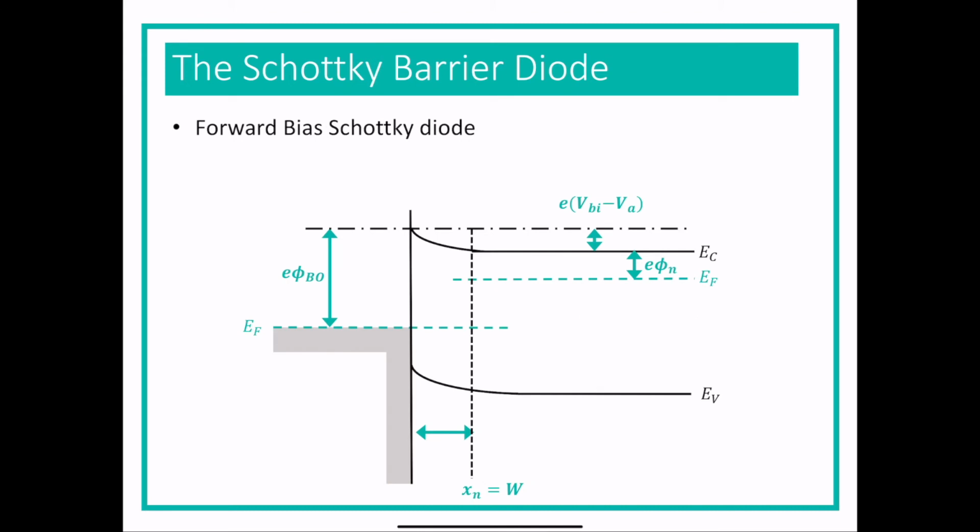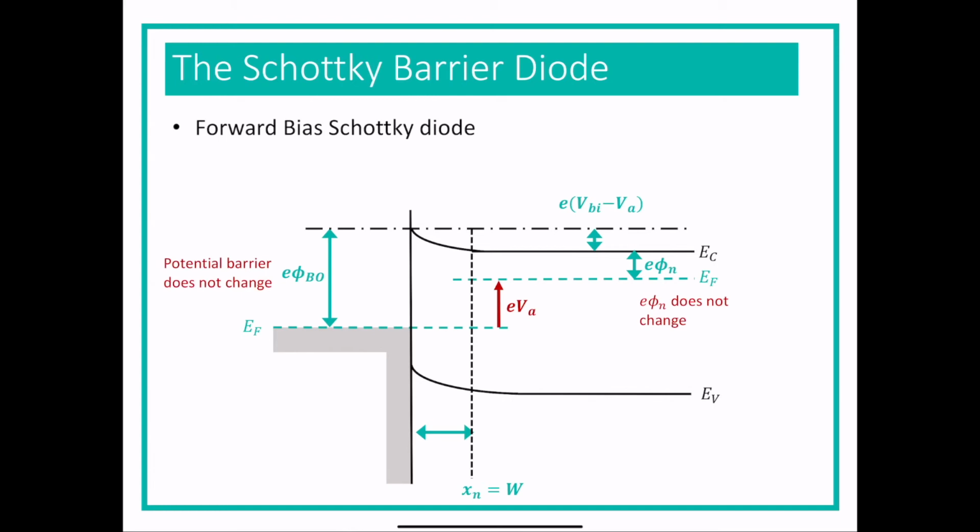So if we forward bias the Schottky diode, we add a voltage, V sub A, that pushes the Fermi energy up. So then the barrier voltage on the semiconductor side is actually going to be reduced. Remember that the work function of the metal is not going to change. The Fermi energy is going to be the same distance from the conduction energy.